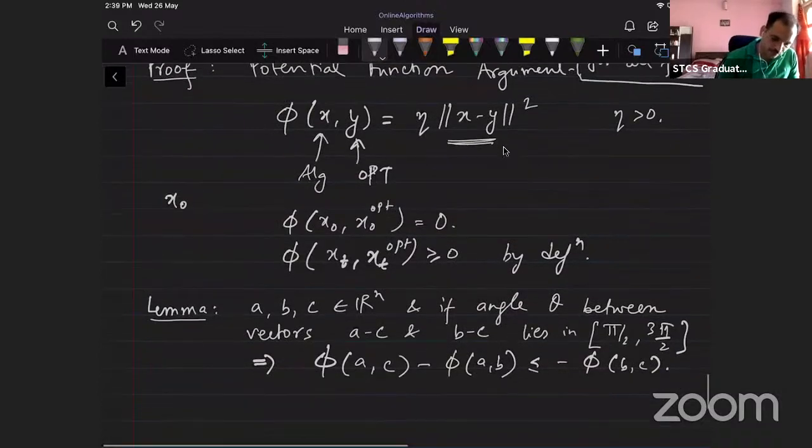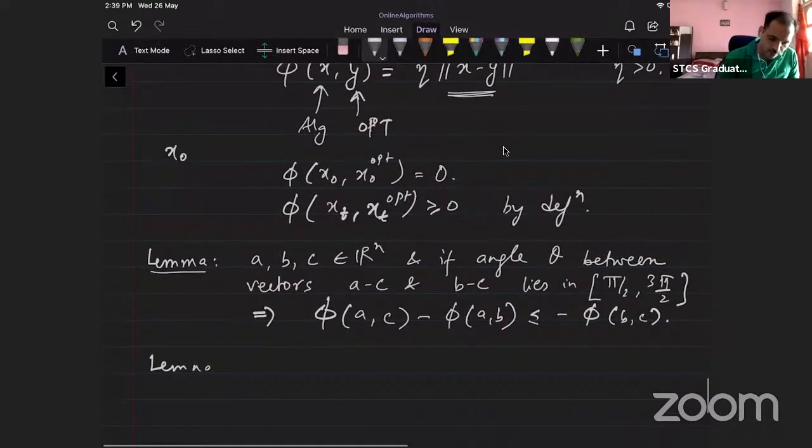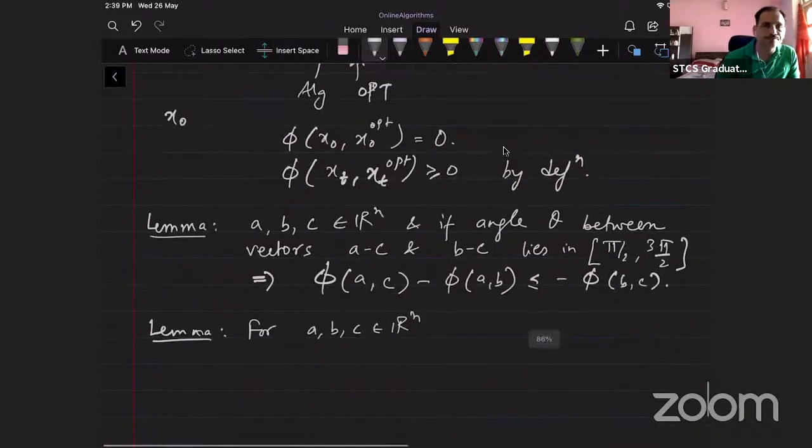I'm not going to prove them today. If you want to see the proof, you can see the notes. And one more such lemma. So for A, B, C belonging to R^n. Let us call these lemma 1 and lemma 2.